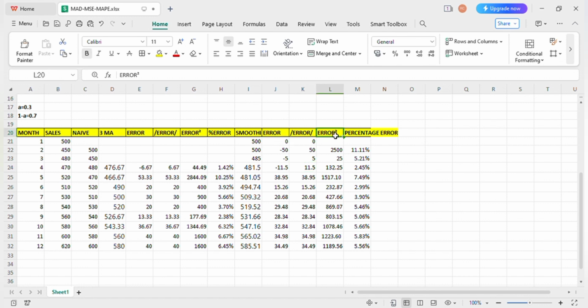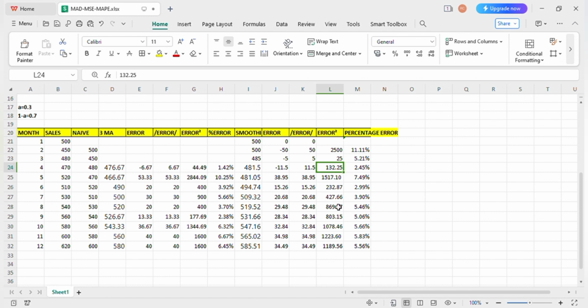And for error squared, from this principle, we only multiply by itself. So 50 squared is equal to 2,500, and 5 times 5 is equal to 25. And also 11.5 times 11.5 is equal to 132.25.